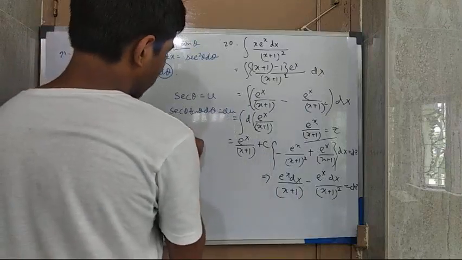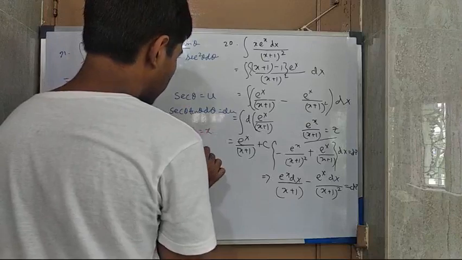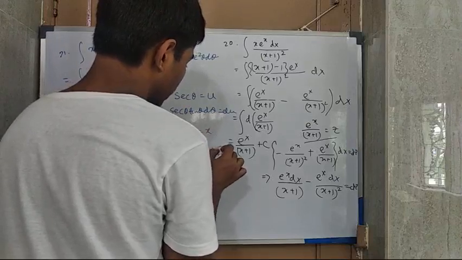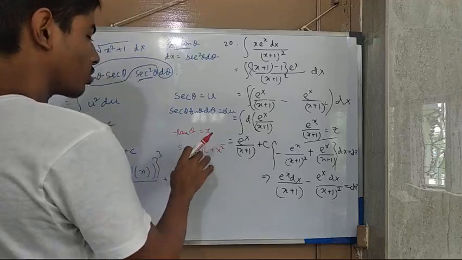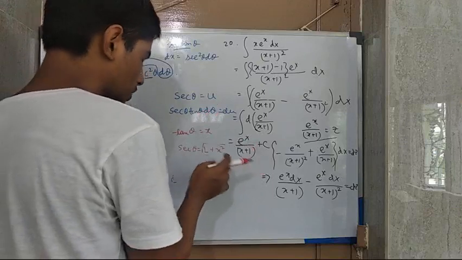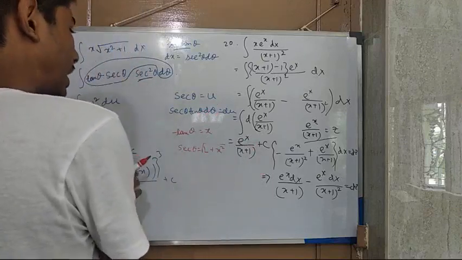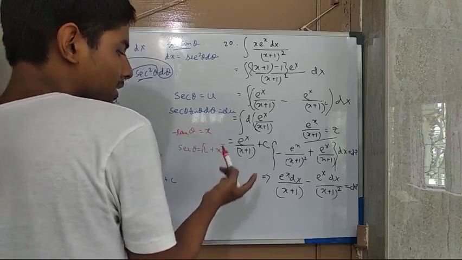As tan theta is equal to x, sec theta is the root of 1 plus x squared. So theta can also be written as sec inverse root under 1 plus x squared. So this tan inverse x can also be written as sec inverse root under 1 plus x squared.